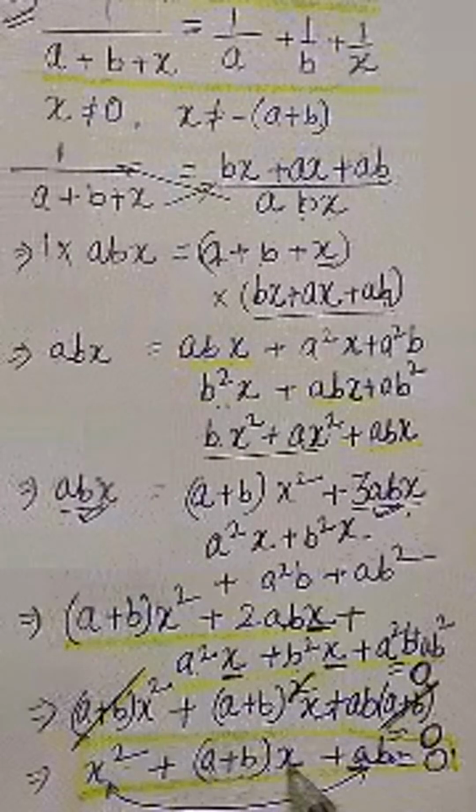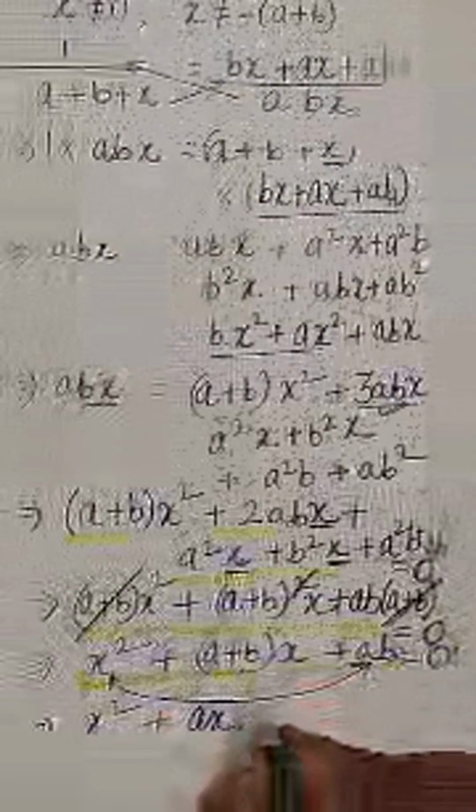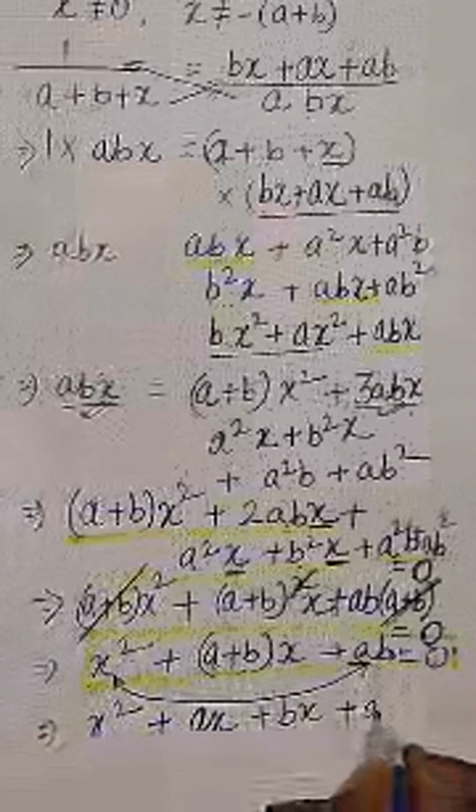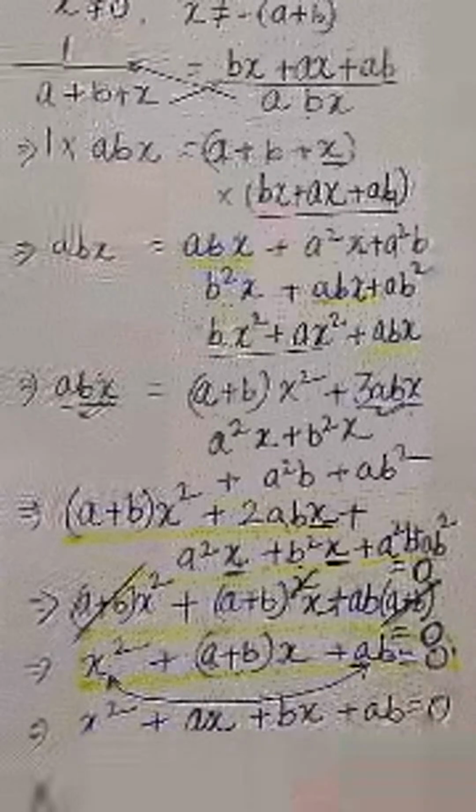It can be ax and bx which are splitted. So this can be written as x square plus ax plus bx plus ab equal to 0.